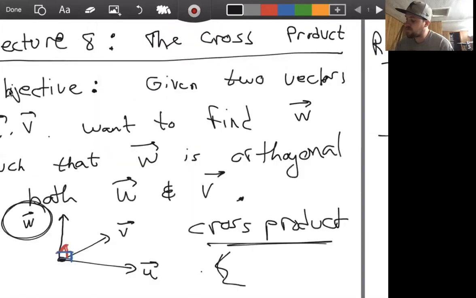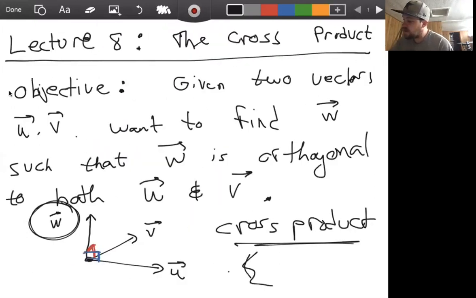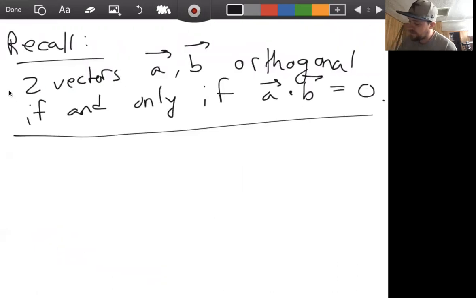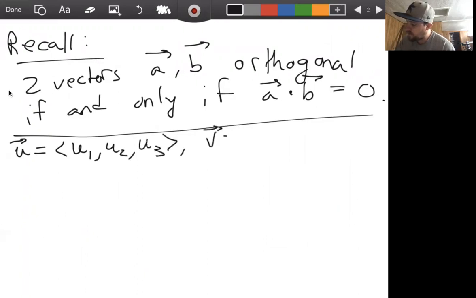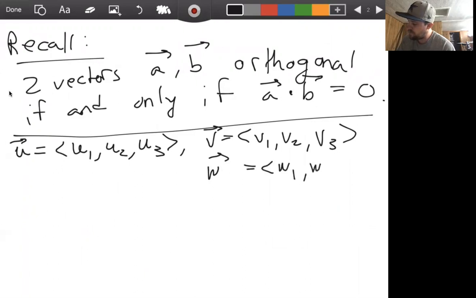We want something that's perpendicular to two vectors. So when we're using the notation of u, v, and w, let's introduce some more notation. In component form, u will be u1, u2, u3. v will be v1, v2, v3. And then w will be w1, w2, w3.